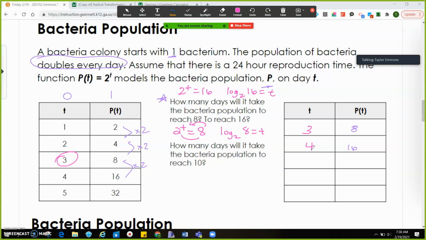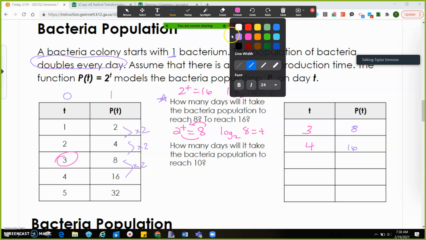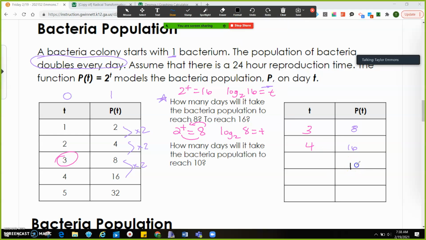Now, it says how many days will it take for the bacteria population to reach 10? So we want to know when it's going to reach 10. Well, we don't see that in our chart right now, so let's actually set this one up. Again, we're going to use logs to help us solve.